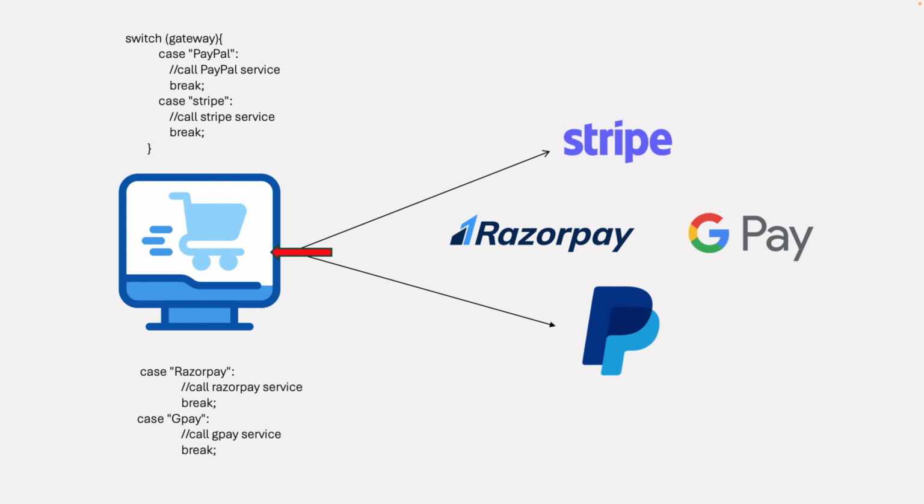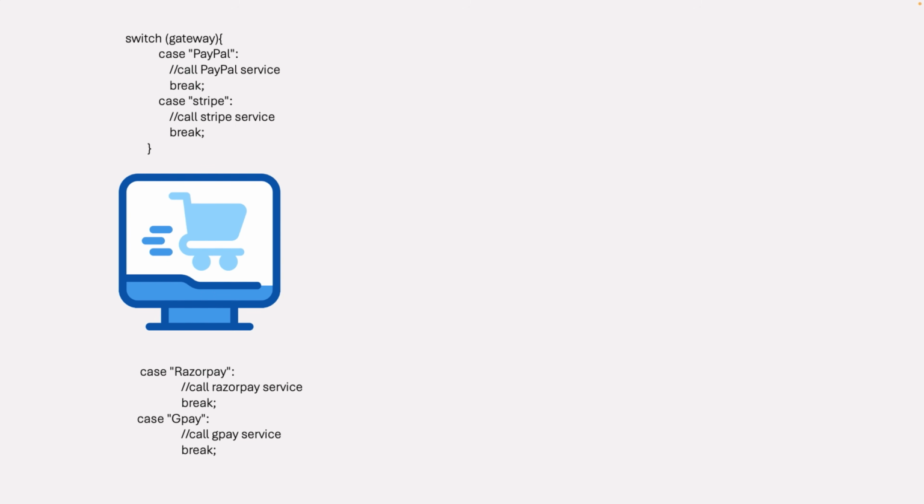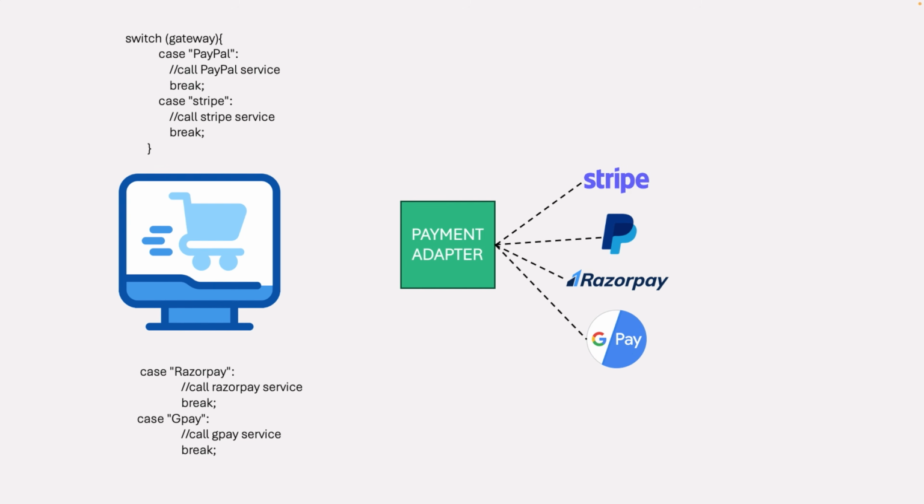Since each payment gateway has its own API, I will use an adapter to simplify things and reduce tight coupling. This will allow you to add any number of payment gateways without changing your application code. So for that, we'll create a component called a payment adapter, which will provide a unified method to work with all different payment gateways.